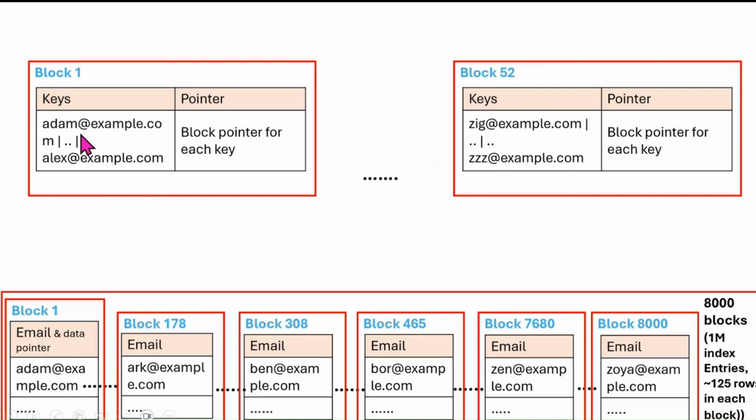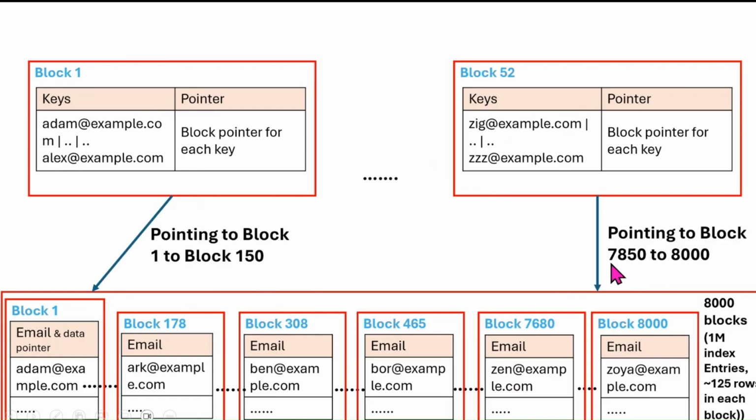If you want to represent it in a better way, we can see that part also. Basically we are saying this block one contains the keys and pointers for block 1 to block 150. So basically, these 150 blocks are now reduced to one block, mapped to one block because we are getting the pointer here.